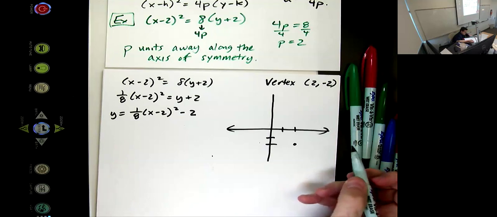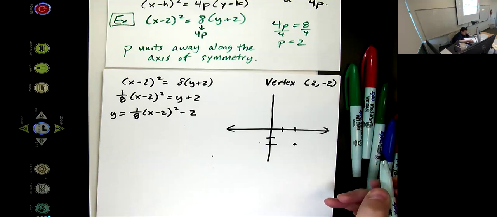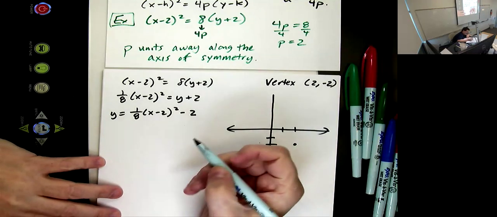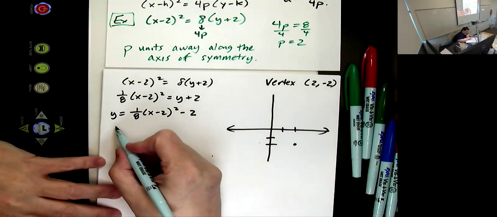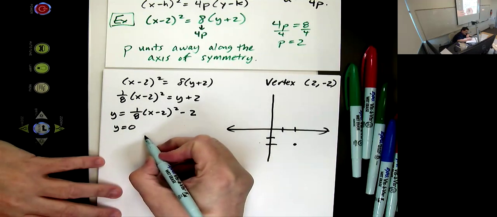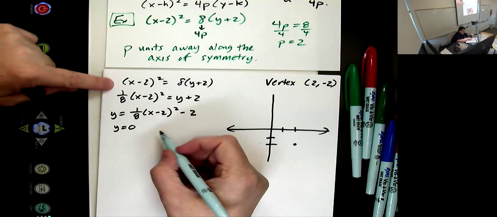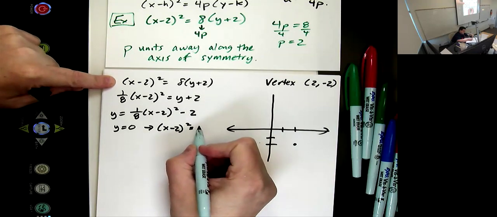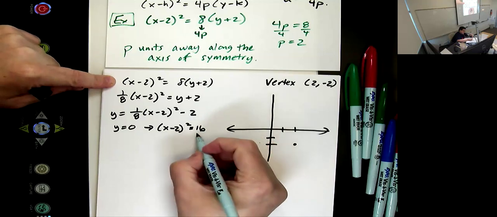And I think rather than trying to plot this the normal way, I'm going to find the intercepts. So when y equals 0, I have x minus 2 squared equals 16, or 8 times 0 plus 2.